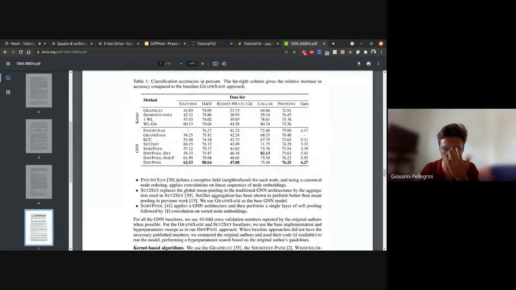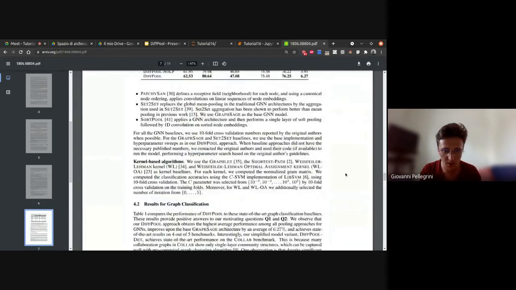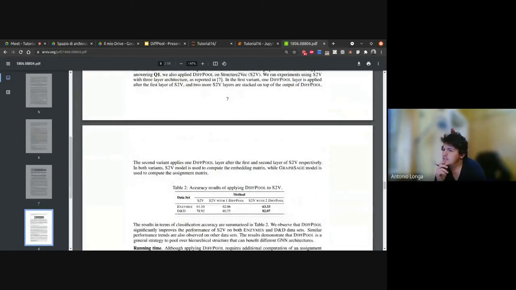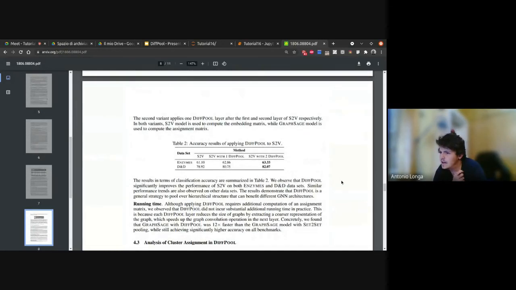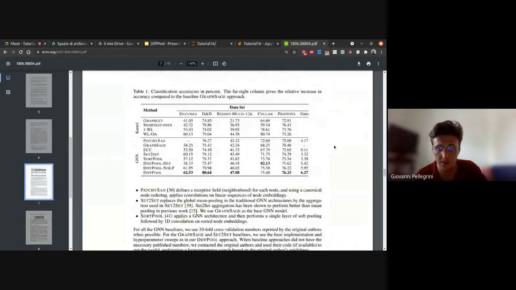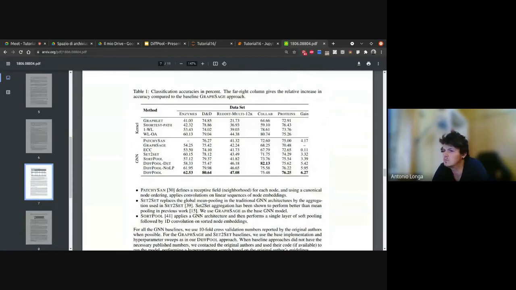They have a protein dataset, and I guess this D&D is not referring to the table game, but also to something related to biology. But interestingly, there is Reddit, which is definitely not protein. There is Reddit, yes. Cool.